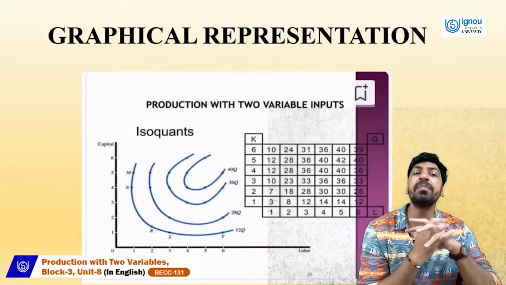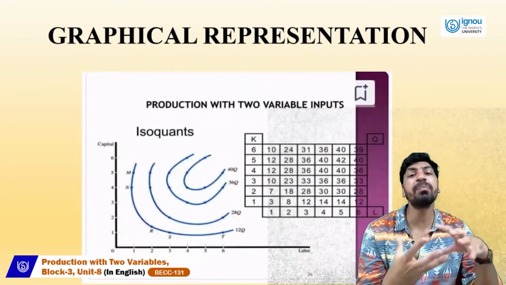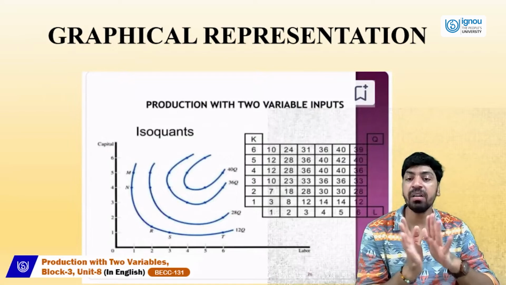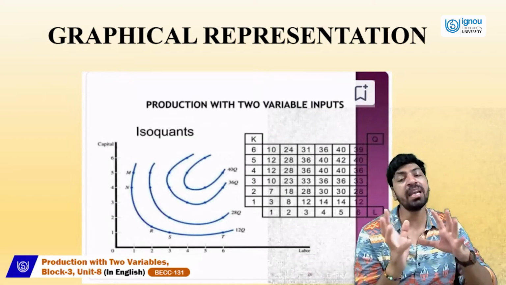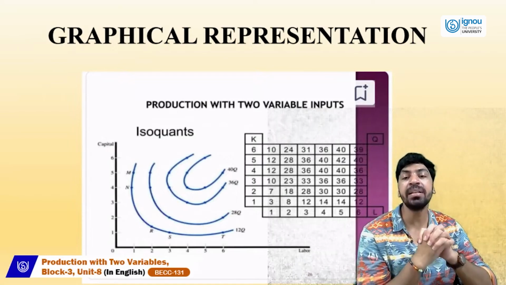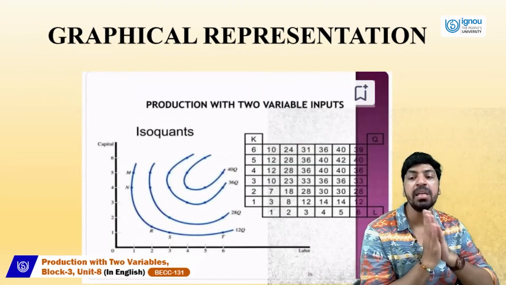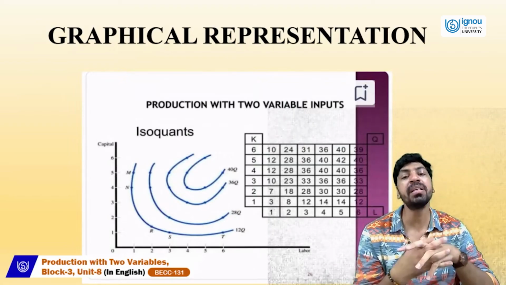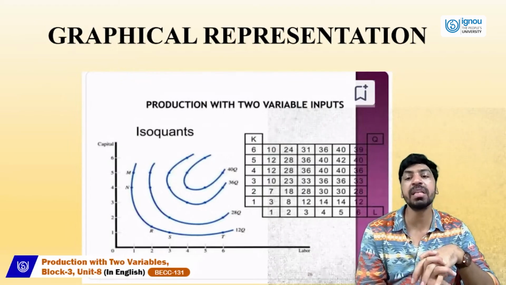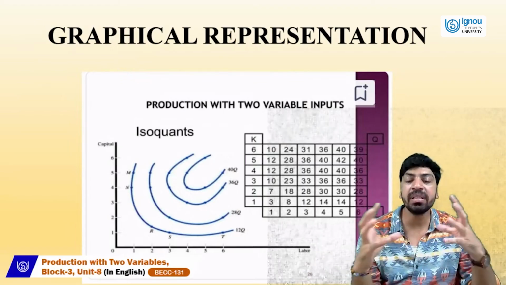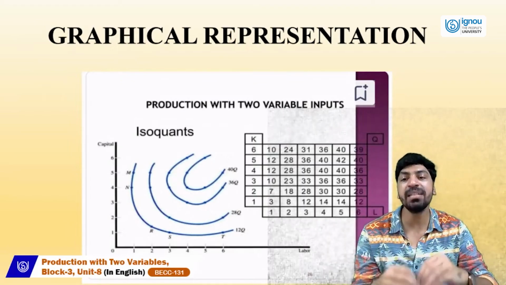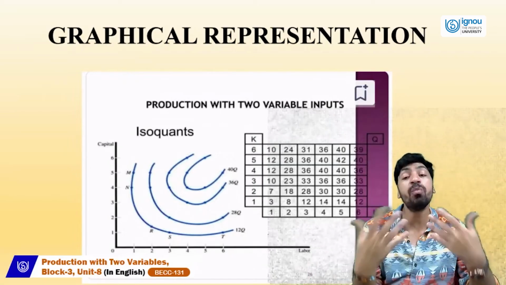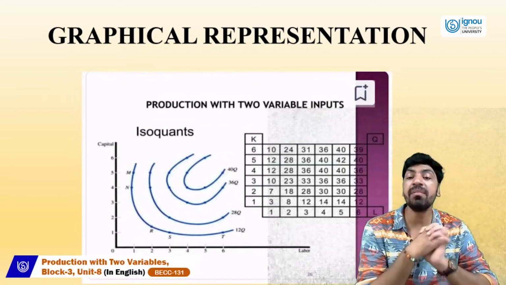The next concept is how to graphically represent production with two inputs. In the schedule on the screen, capital and labor are the two inputs. Labor is represented from 1 to 6 and capital from 6 to 1, and the values described in the schedule are the quantities, or in other words the level of output.